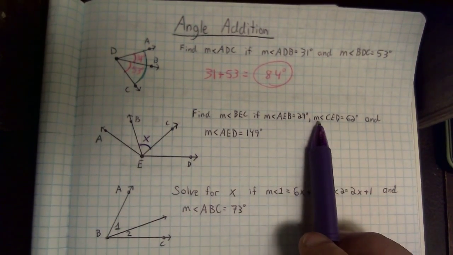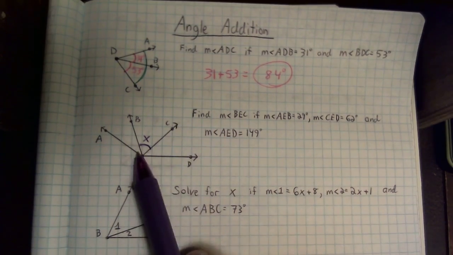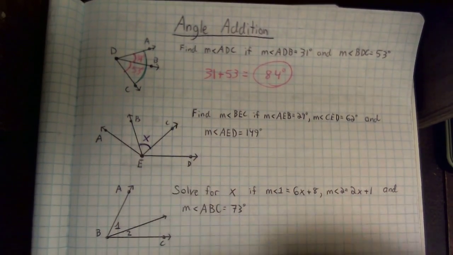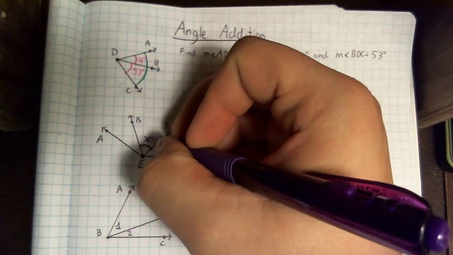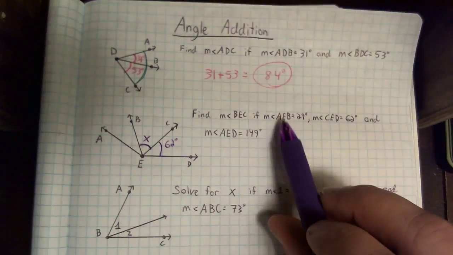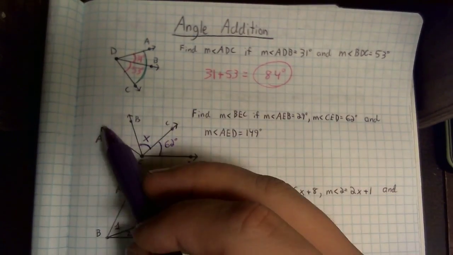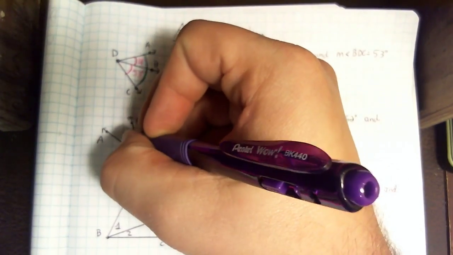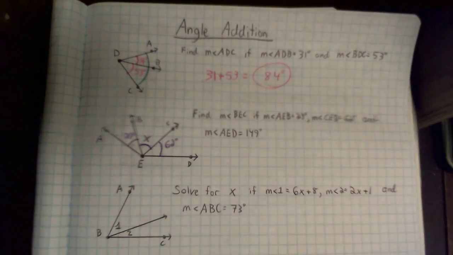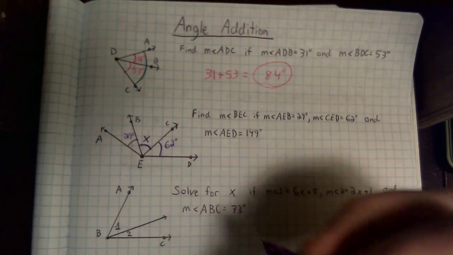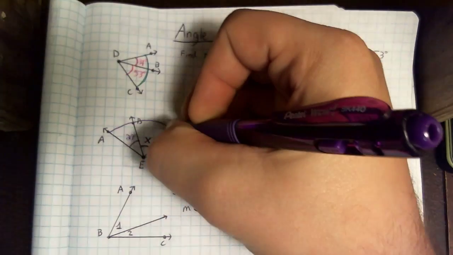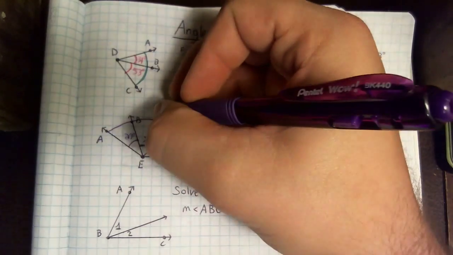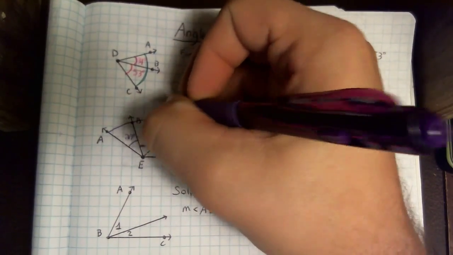So here we go. It tells me the measure of angle CED. CED is 62 degrees. It's right here. And I actually missed one. It says AEB, which is right here, is 29 degrees. And then it tells me that the entire angle of AED, this whole thing, is going to be 149 degrees.